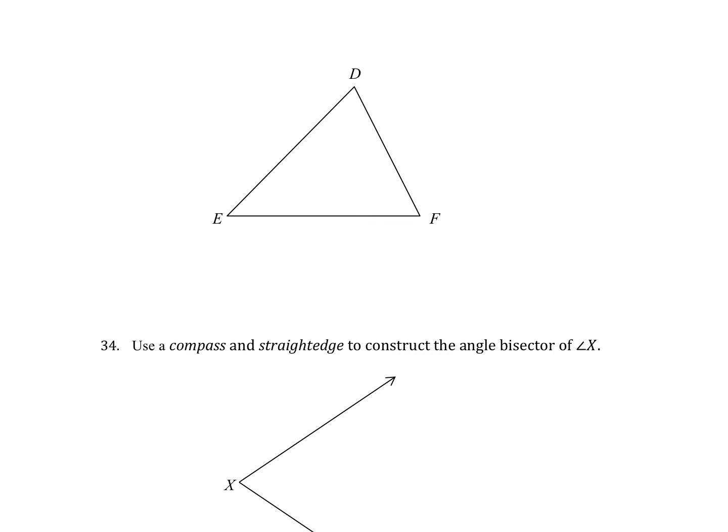Next one. Let's say you have an angle, and I want an angle bisector. This is the one where you take your point and put it on the vertex, and then your pencil gives you that arc, and now you have two points of intersection, here and here.